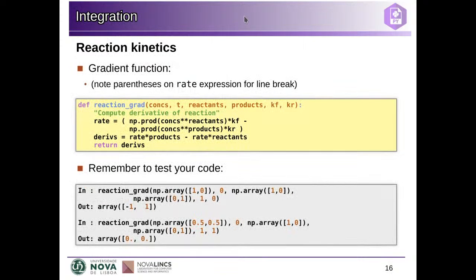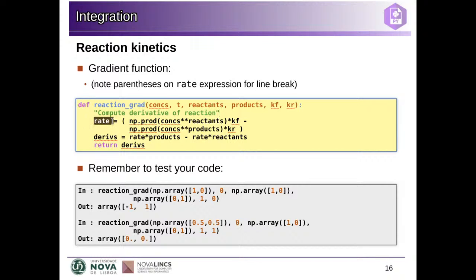So first we're going to use these parameters to compute the derivative, and if we have the concentration at time t, then knowing the stoichiometric coefficients and the reaction constants, forward and reverse, we can compute those derivatives.